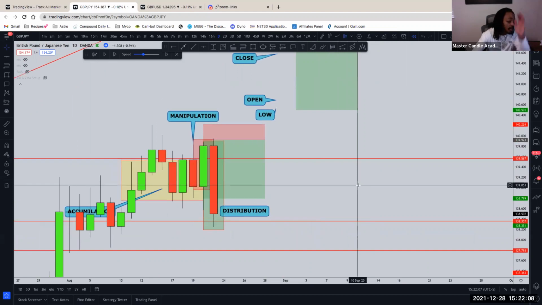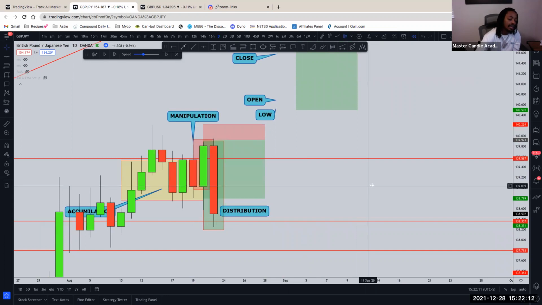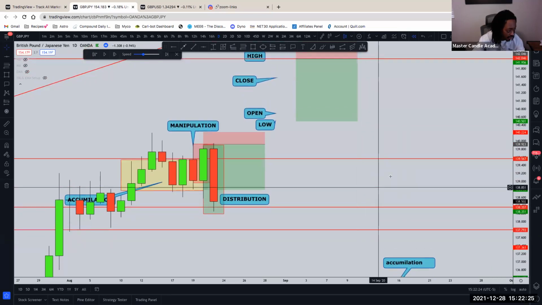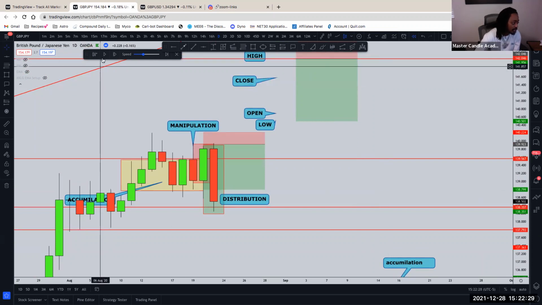I didn't even care about the damn trend. All I cared about is the open and close and where the high and low is of candles. It is that simple. I promise you guys. It really is. But you have to be able to identify it.